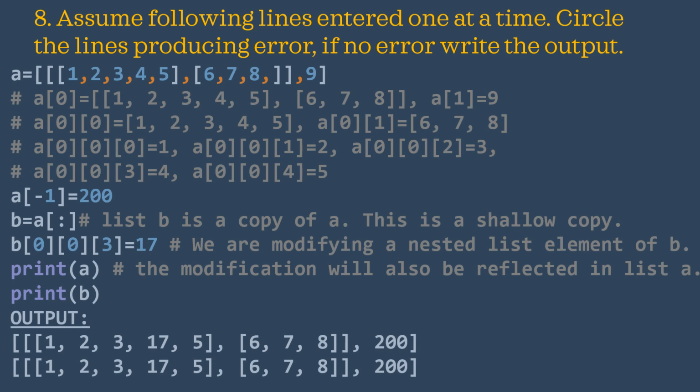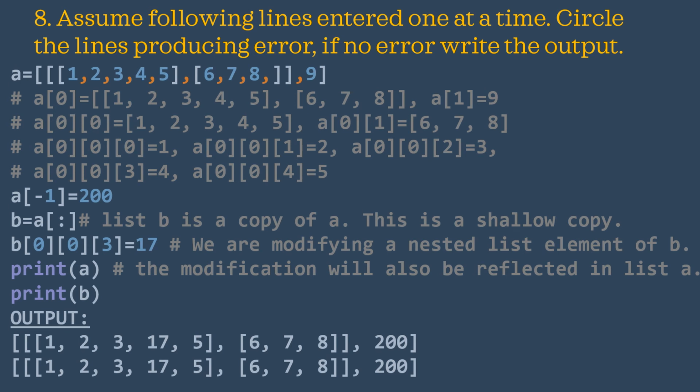Now, if you try to print A and B, you can see the output. Both the lists have the same output. Even though you modified list B, the same modification is reflected in list A, because we are modifying the nested part of the list.